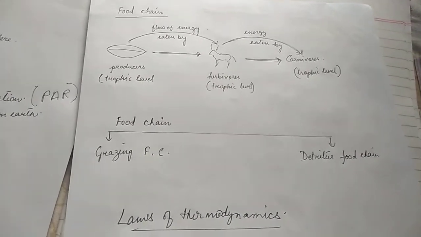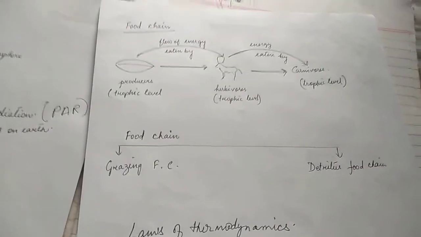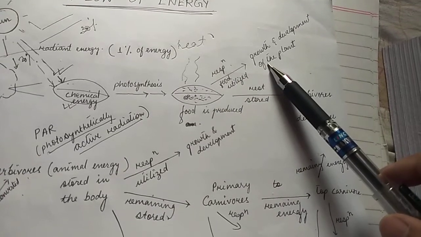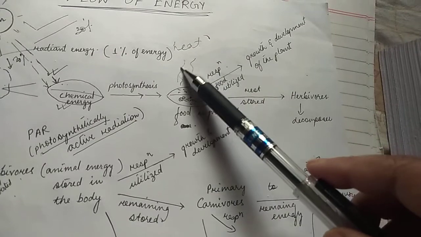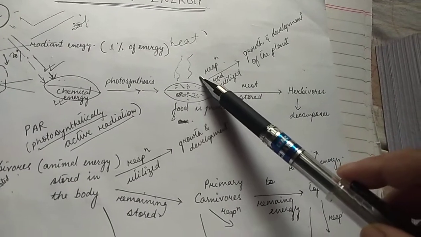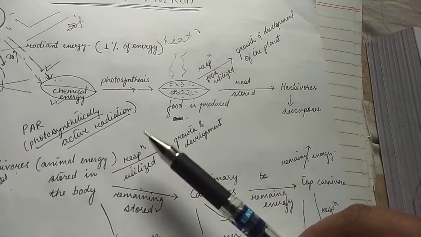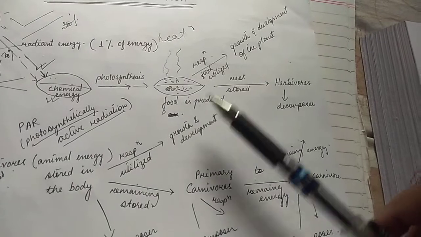According to the second law, some of the energy is lost as heat. As I just told you, some of the energy is utilized during respiration, but some of the energy dissipates in the form of heat. So we can see that the flow of energy follows the 10% law and also follows the laws of thermodynamics.